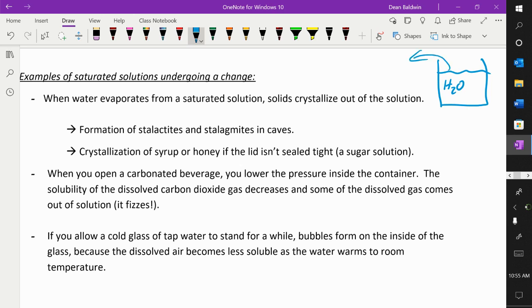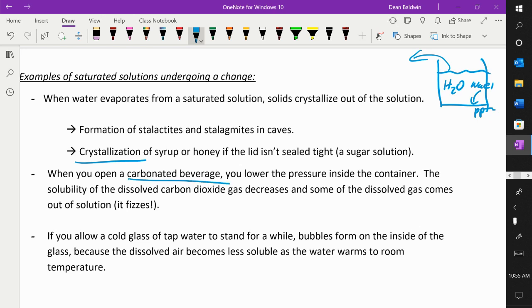As it evaporates, because solubility is dependent on volume, salt, NaCl, will start to form a precipitate on the bottom, because you're removing the water and changing the concentration. So you can call that crystallization. You've probably seen it in honey when the sugar crystals crystallize out. If you just heat up that solution, they'll go back in, okay?